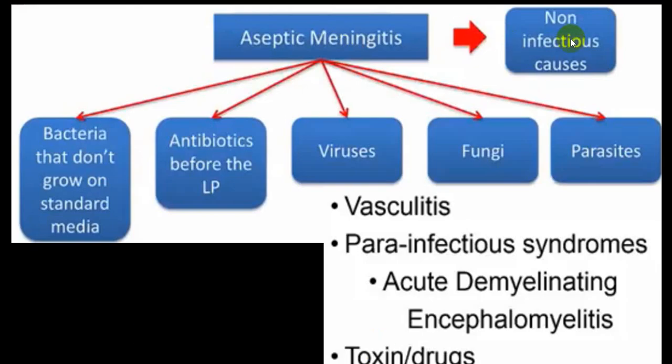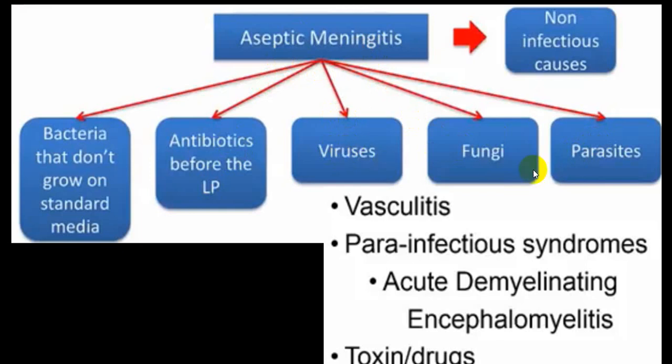Aseptic meningitis can be the non-infectious group, or a good number of times bacteria that do not grow on a standard media can be diagnosed as aseptic meningitis. If a person is already treated with antibiotics and lumbar puncture is done after that, you may not be able to detect the bacteria in CSF, then also it is labeled as aseptic meningitis. Virus, fungus and parasite usually fall into aseptic meningitis, because in those groups bacteria cannot be grown.